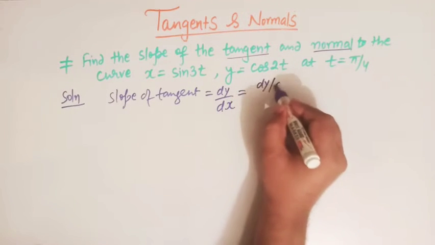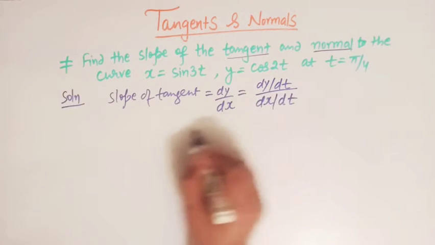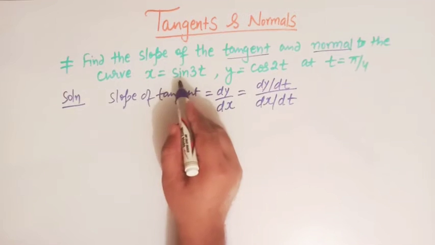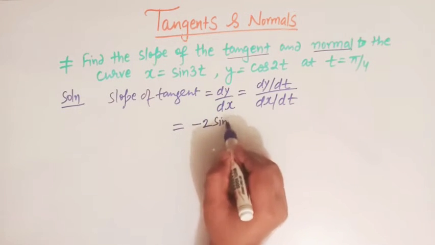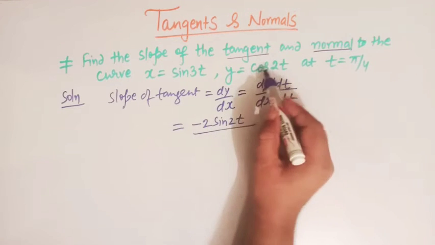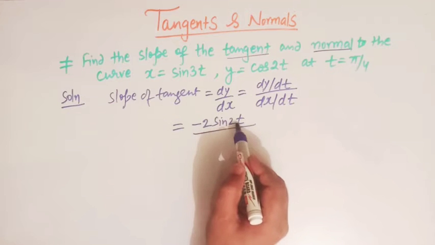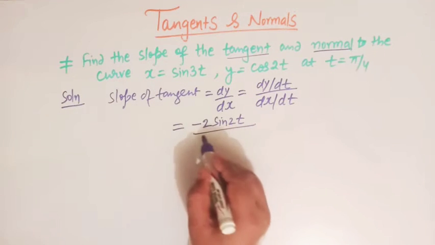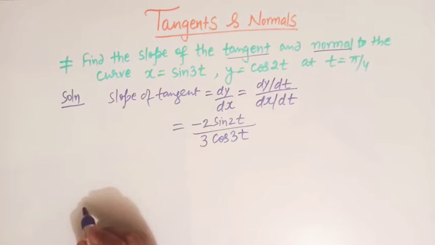We will have here dy by dt and dx over dt. Now dy by dt is minus 2 sin 2t, because the derivative of cos 2t is minus 2 sin 2t, and here we have 3 cos 3t, right?